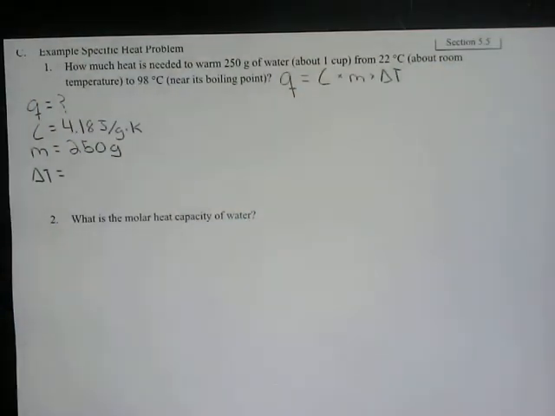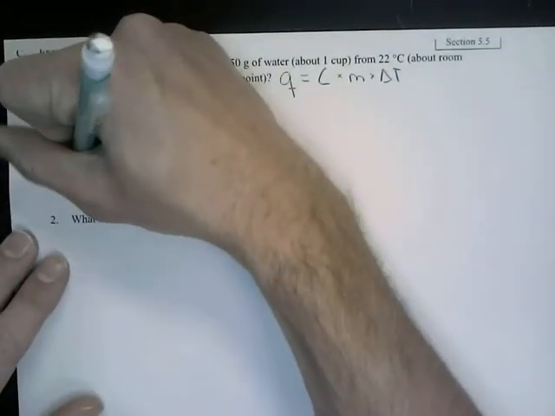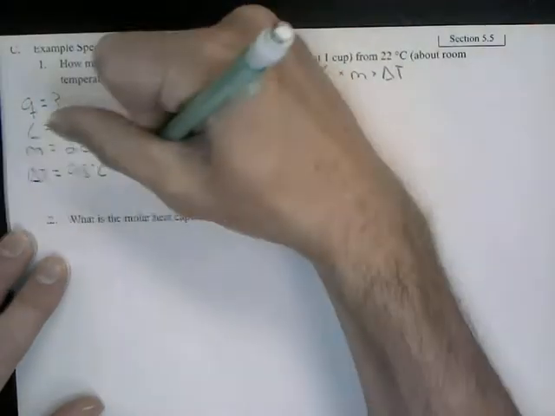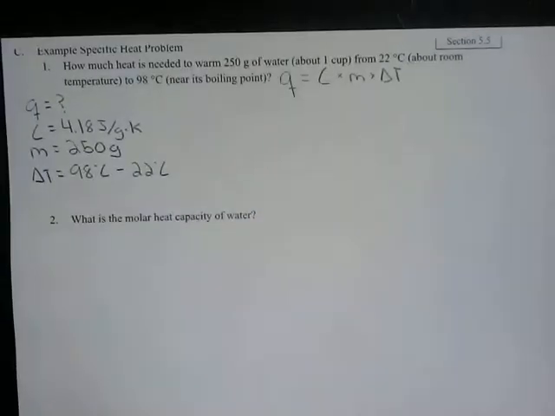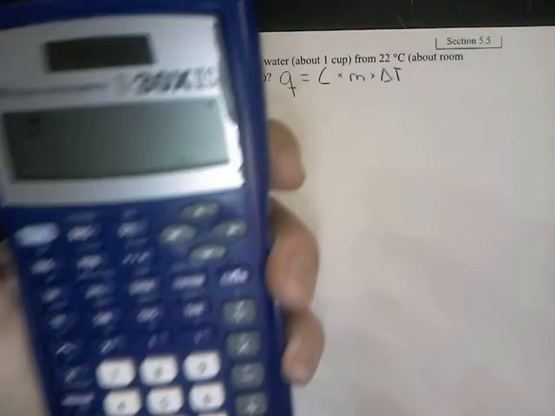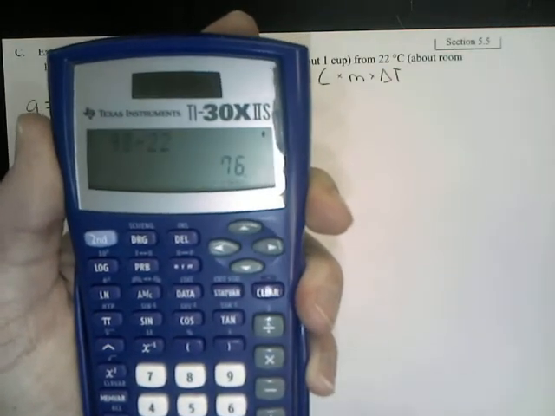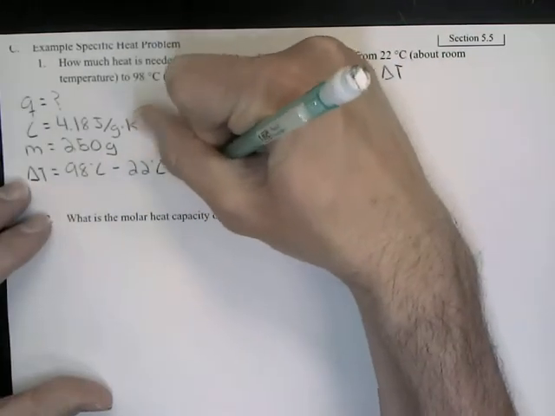And then our change in temperature here, remember, is final minus initial. So our final temperature is 98 degrees Celsius minus 22 degrees Celsius. So I'm going to calculate that temperature change. And I'm going to add a little bit of detail here to why we can use degrees Celsius. So I get a temperature change of 76 degrees Celsius, okay?